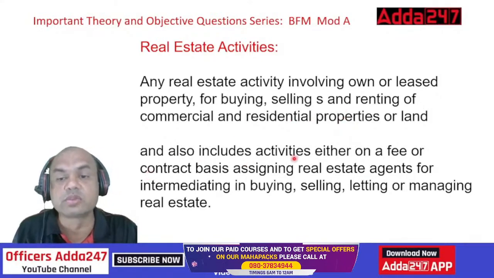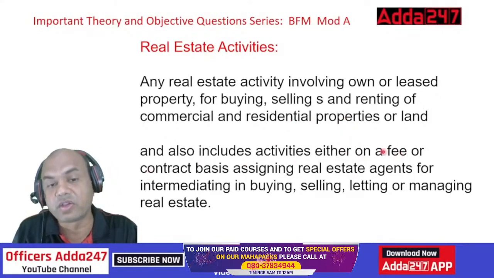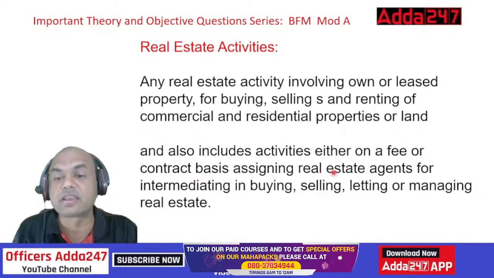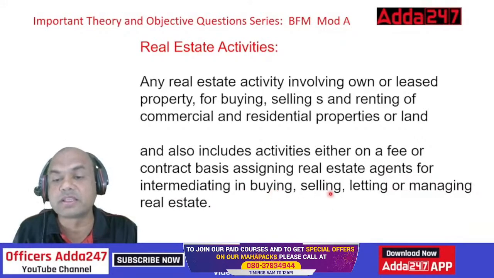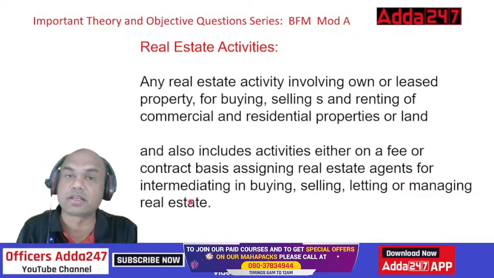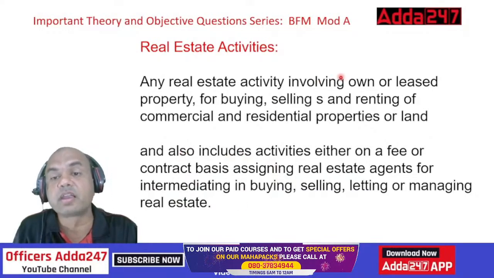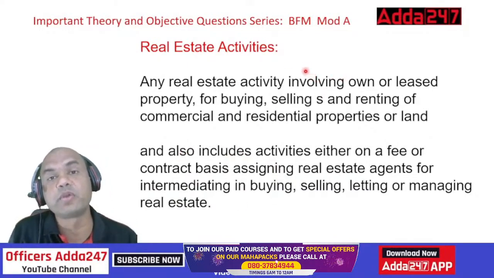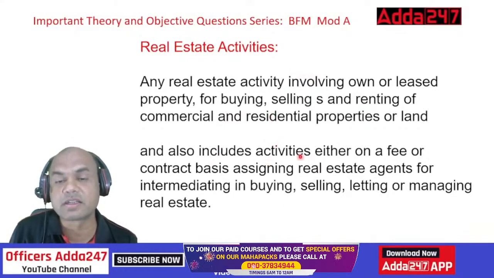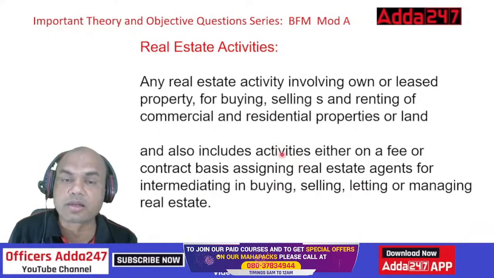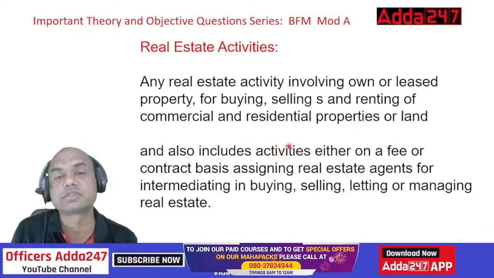And it also includes activities either on fee or contract basis, assigning real estate agents for intermediating between buying, selling, letting and managing real estate. Now the definition has become wider. Here it was only related to me. I am doing something, I am buying, selling. But even if I am appointing an agent, or I am working as a broker, then that is also considered under real estate activities.